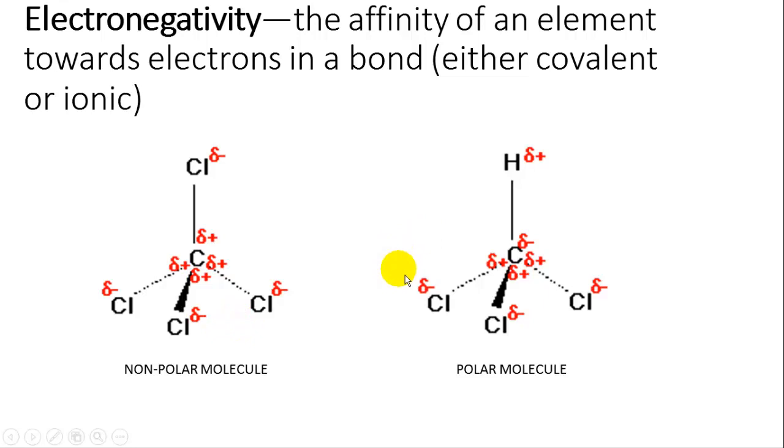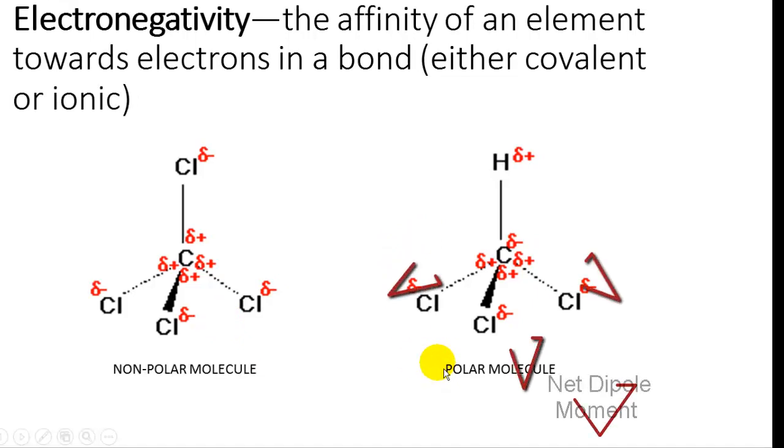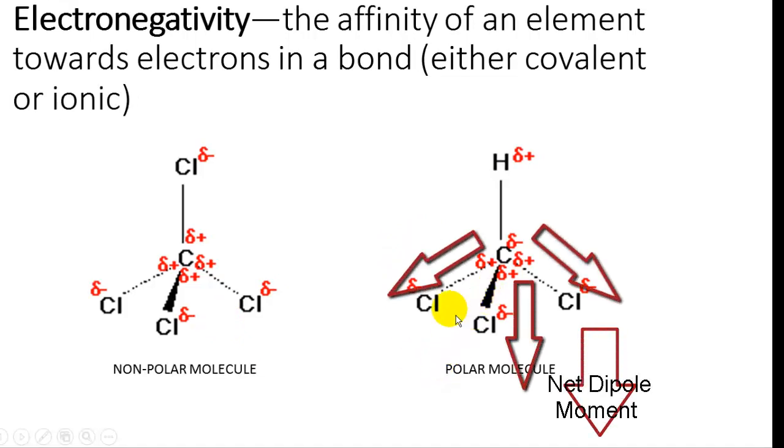Now you contrast that with a polar molecule. A polar molecule has a net dipole moment. So you have these three Cl's here. This Cl in this covalent bond is pulling electron density towards it, making it partially negative. This Cl is pulling electron density towards that atom, making it partially negative. This Cl in the C-Cl bond is pulling electron density towards it, making it partially negative, making this carbon partially positive. But that hydrogen is not really doing much pull because hydrogen does not have much electronegativity.